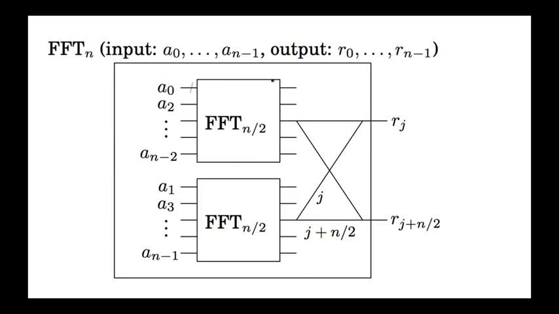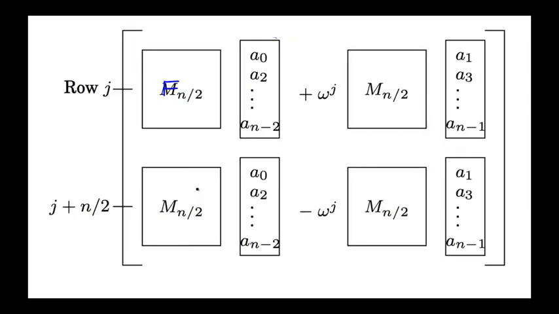It's an n over 2 by n over 2 Fourier transform. We do a Fourier transform of these, and then what do we need to do about them? Remember, on top we need to take this plus this, except in the jth row we have to multiply this answer by omega to the j. In the bottom we need to take this minus this, except in the jth row we multiply this by omega to the j.